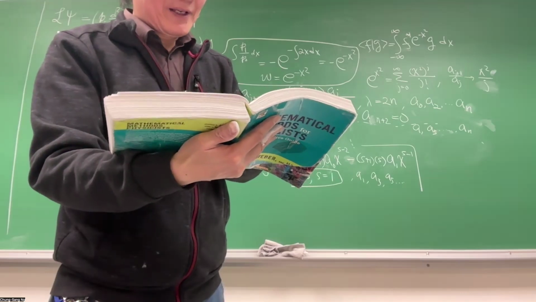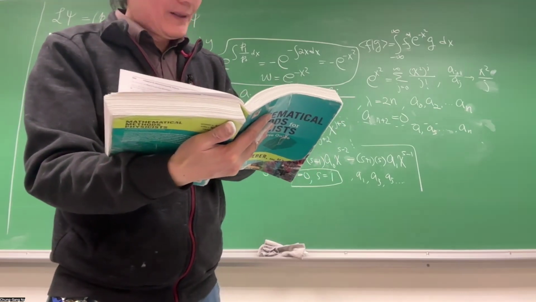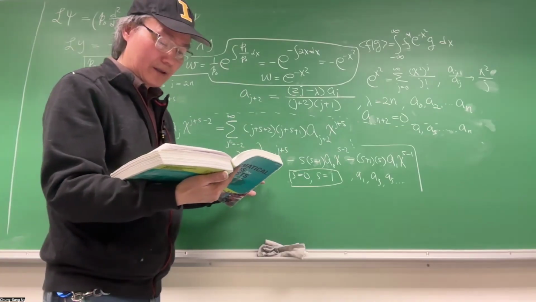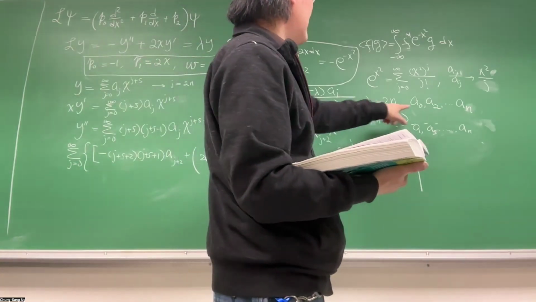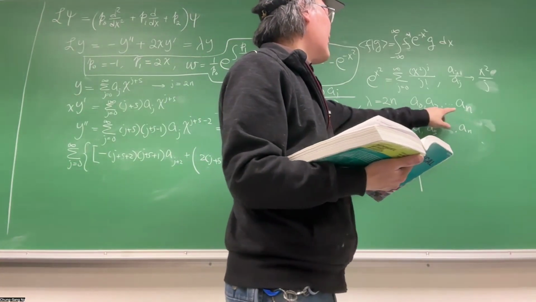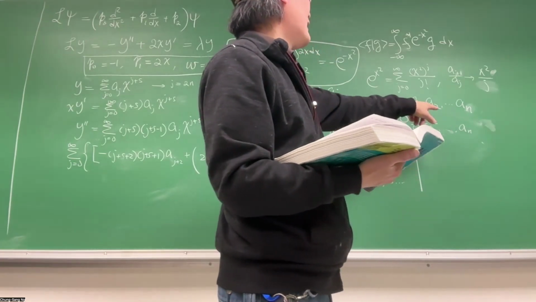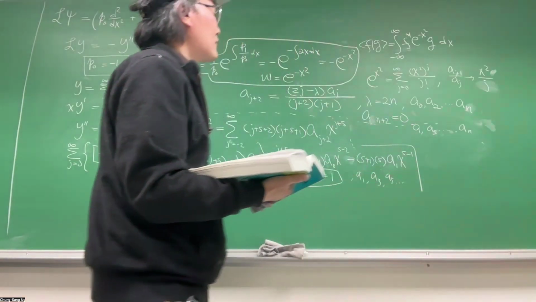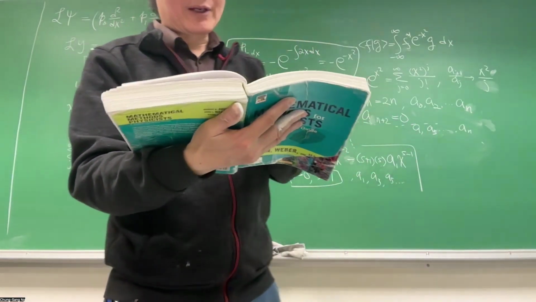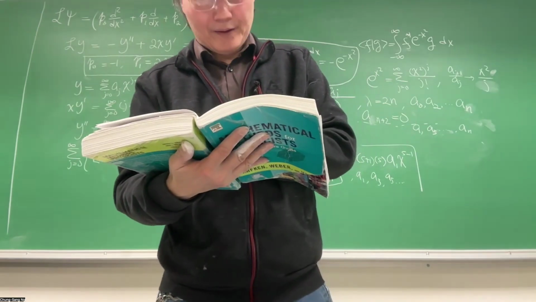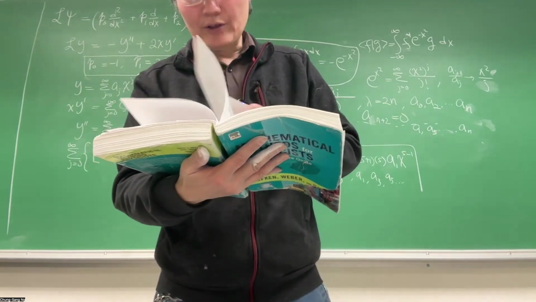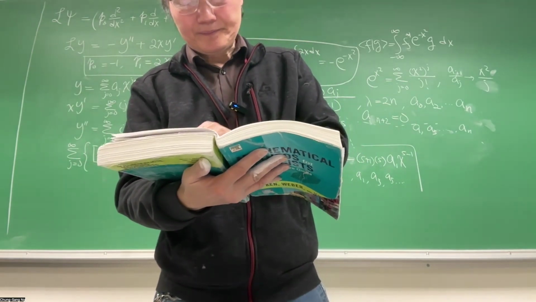So that's this example. After you truncate, it depends on n, so you have a finite number of terms. For higher n, you have more and more terms, the order of the polynomial becomes higher, and that's what we call the Hermite polynomial.